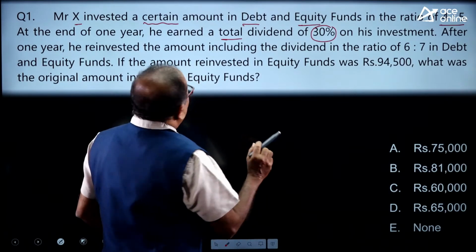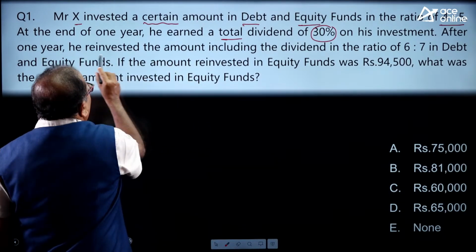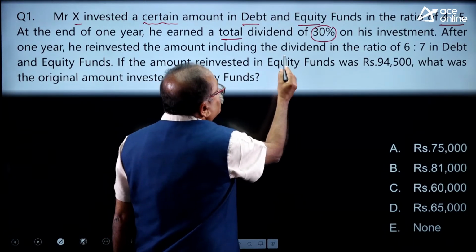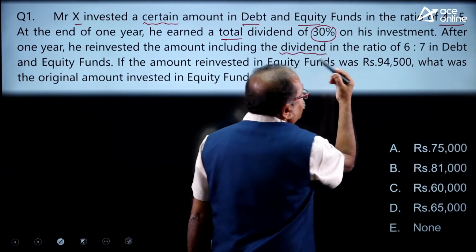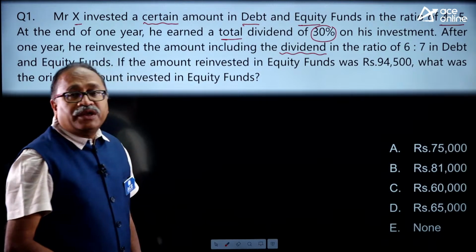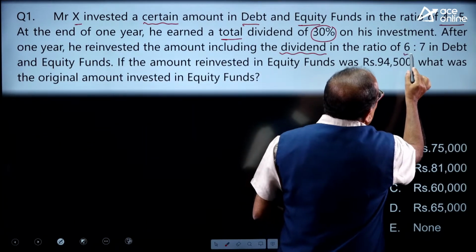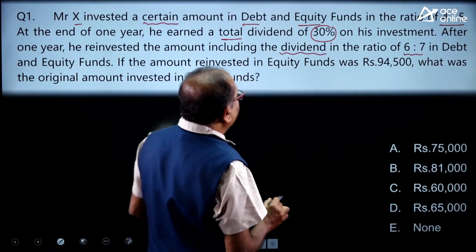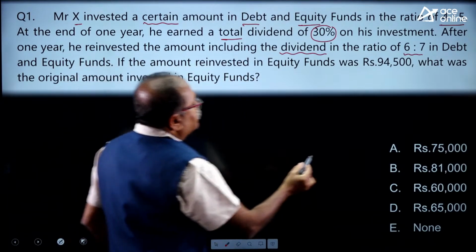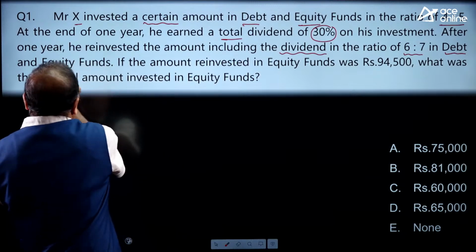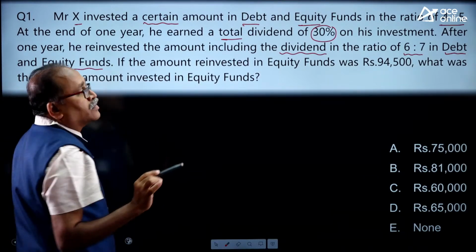Okay. Now, after 1 year, he reinvests the amount, including the dividend. Whatever dividend he gets, the dividend also he is investing, in the ratio of 6:7 in again debt and equity fund, the first one being debt and the second one equity.